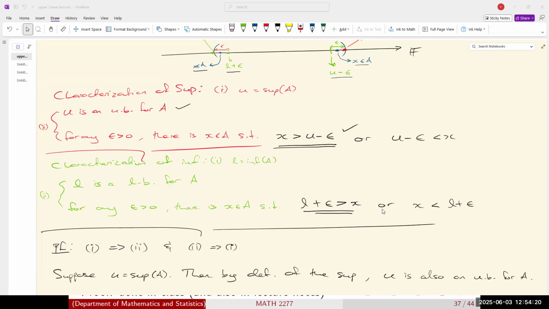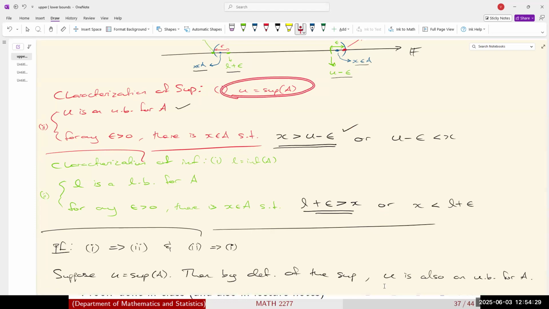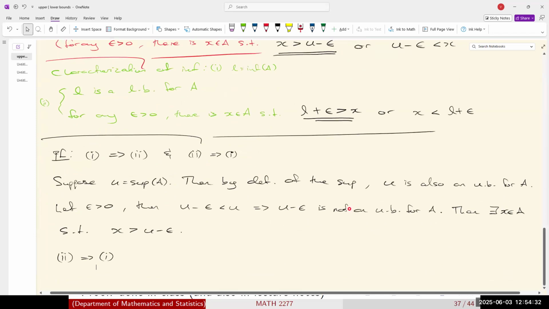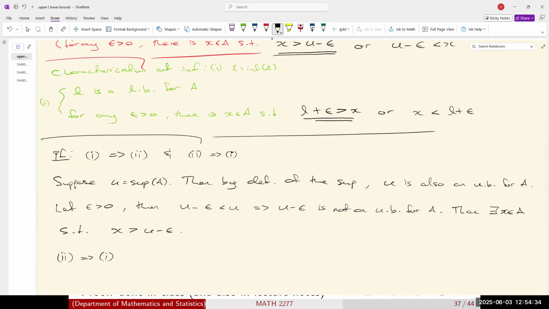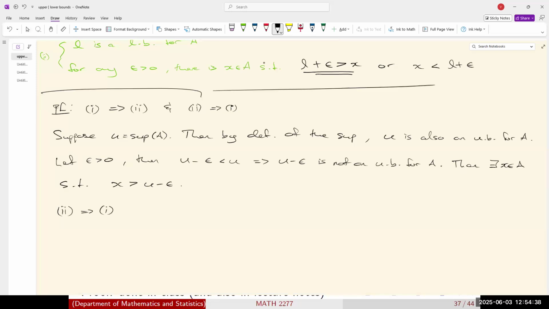Okay, so we're going to prove this condition and this condition implies U is the supremum. So how to prove that? Suppose condition 2 holds.